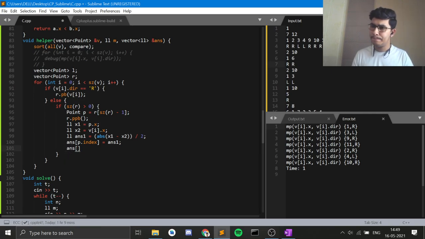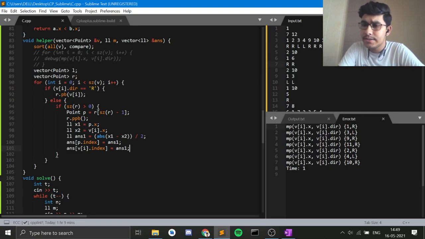Answer at V at I dot index equals to answer 1. And this is fine. Point P equals to this.